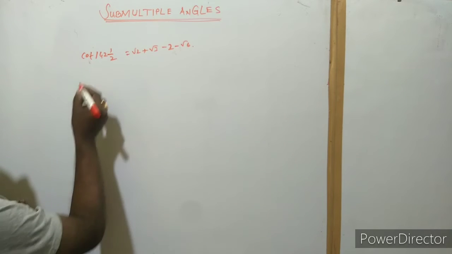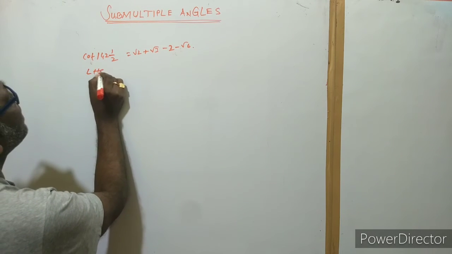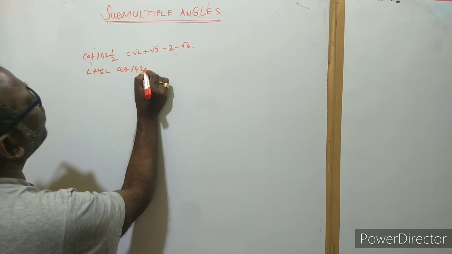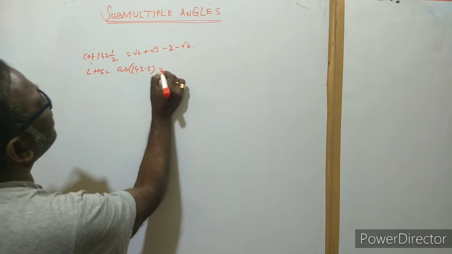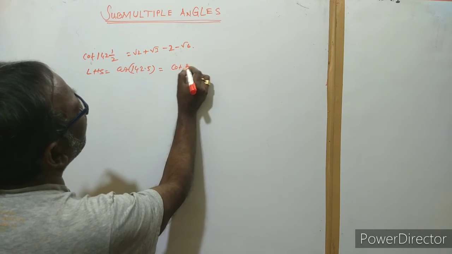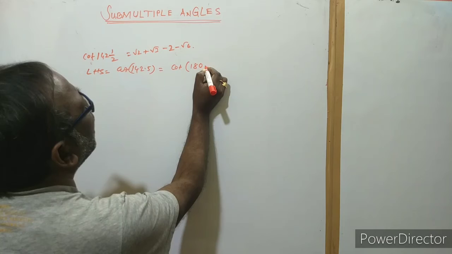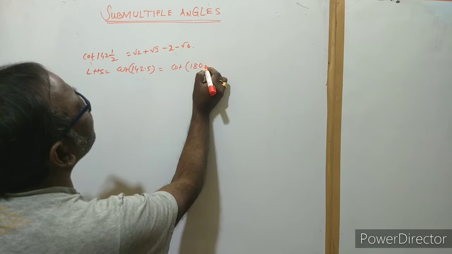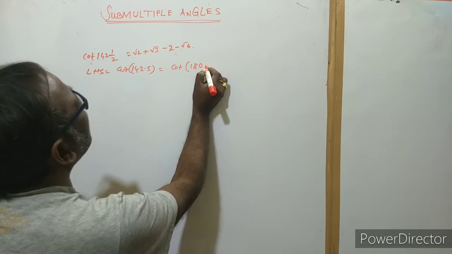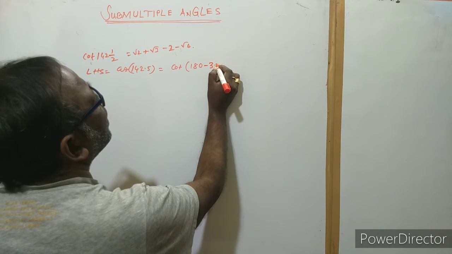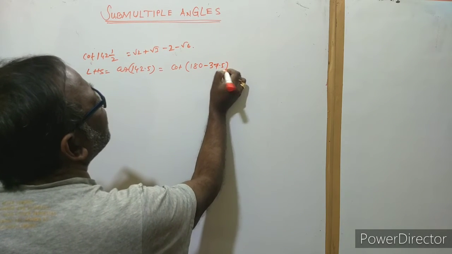And now see here left hand side, and this is cot 142.5. It can be written as cot 180 degree minus 37.5 here.